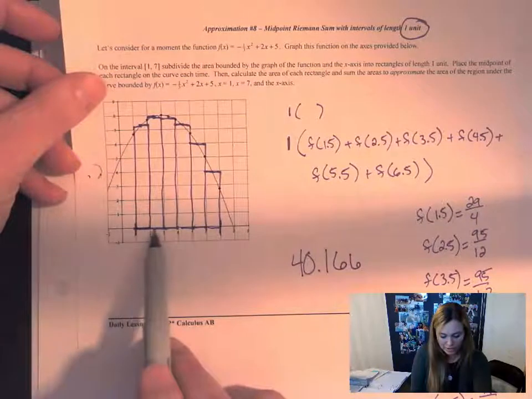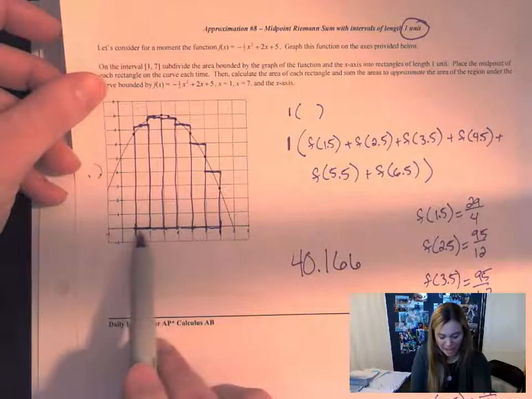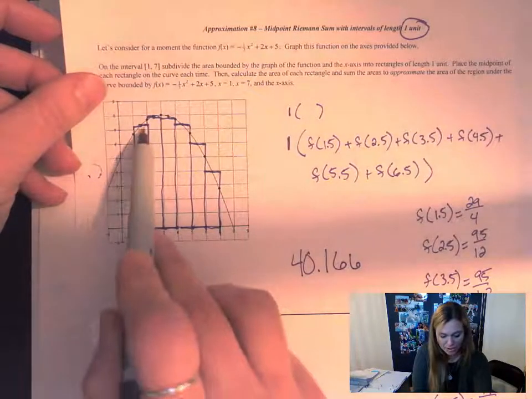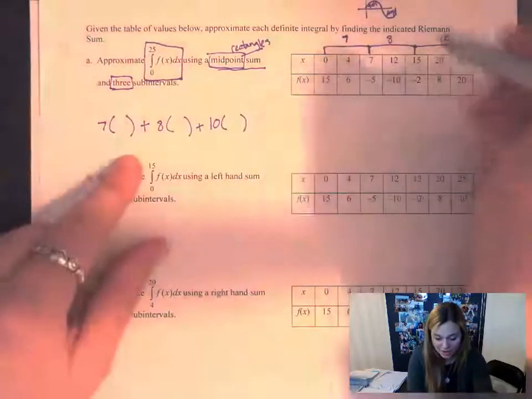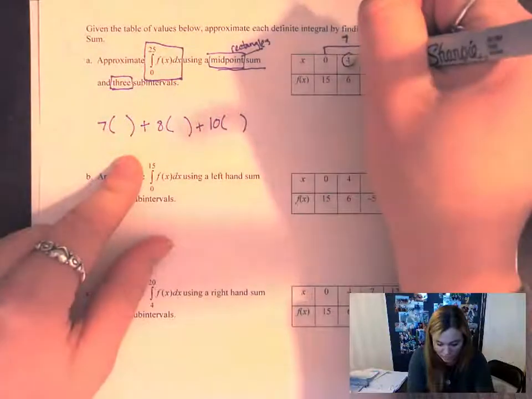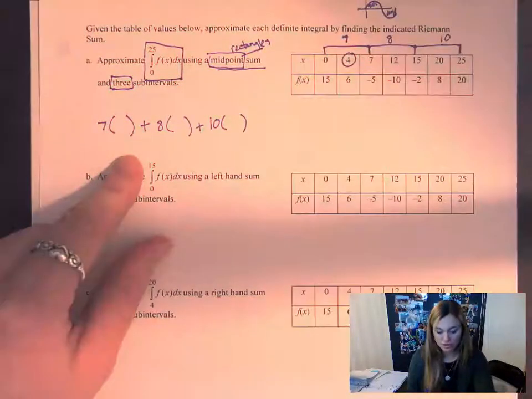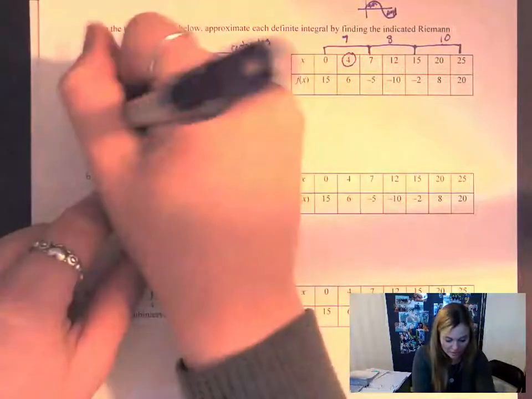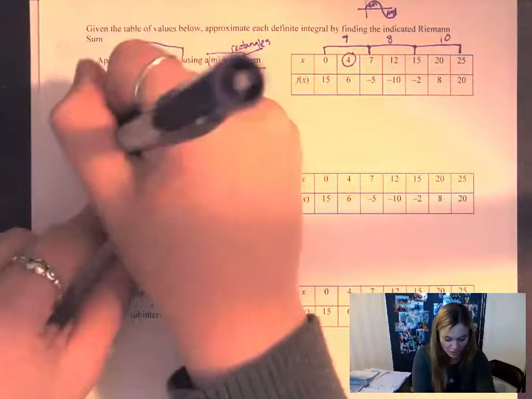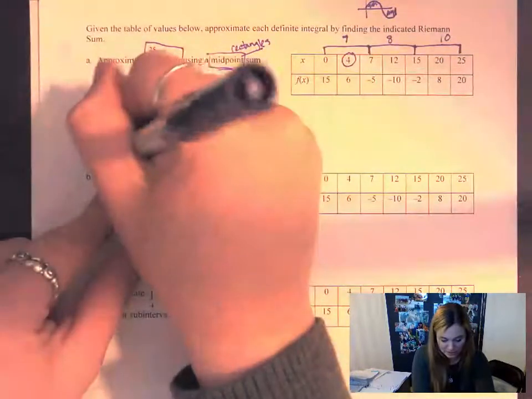Well, for a midpoint Riemann sum, we went up halfway. We found the function value at 1.5. So here what we're going to do is find the function value of whatever this middle value is. So 0 to 7, the one in between, even though it doesn't have to be exactly in between, would be just the function value at 4. Or I could say 7 times f of 4.